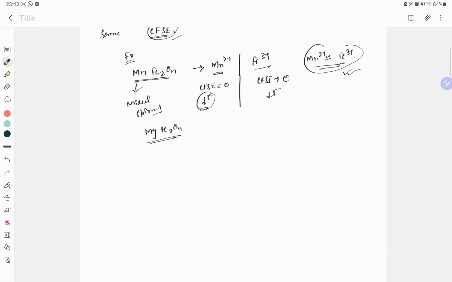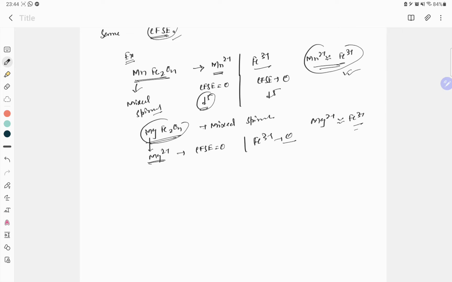There's another example, MgFe2O4. In this case also this is a mixed spinel, because Mg remains as Mg2+, a non-transition element, so CFSE is 0, and Fe3+ CFSE is 0. But in this case also the Mg2+ size is comparable with Fe3+.